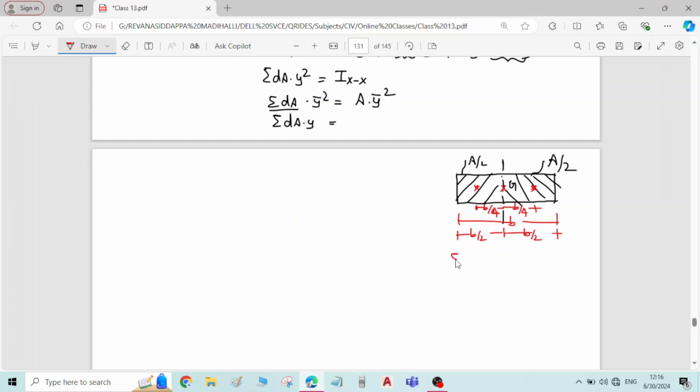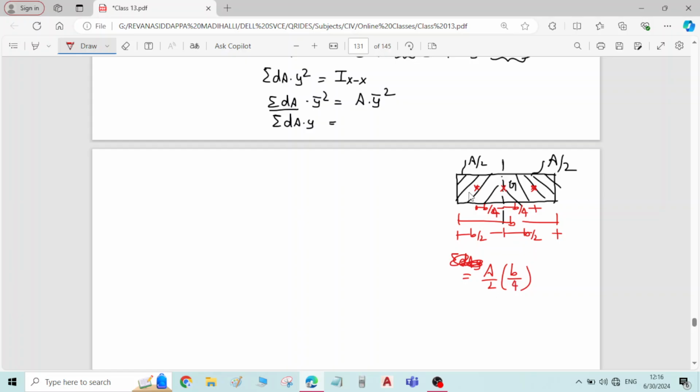Now we will find sigma dA into y, meaning the sum of moments of areas about the central axis. First you find the moment of this first rectangular area about the centroid. It is A by 2 into the perpendicular distance, b by 4.